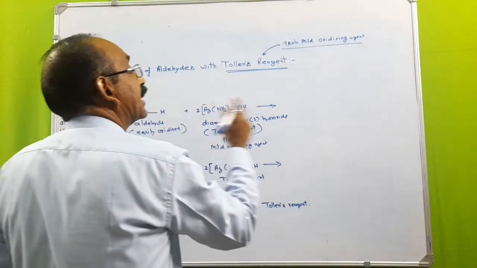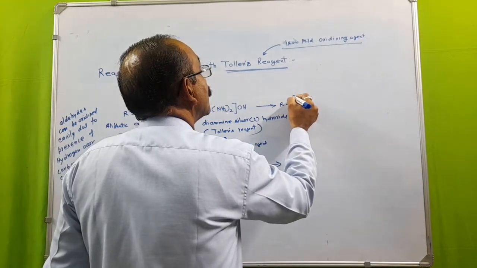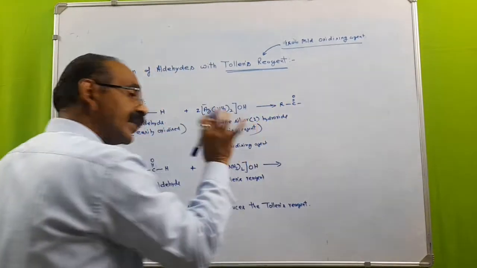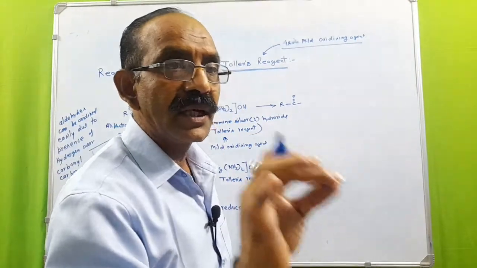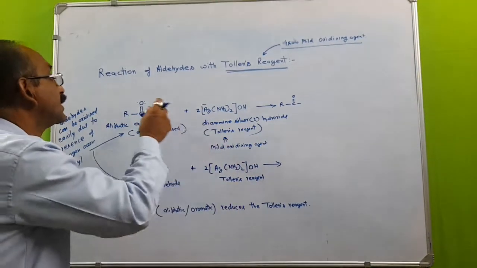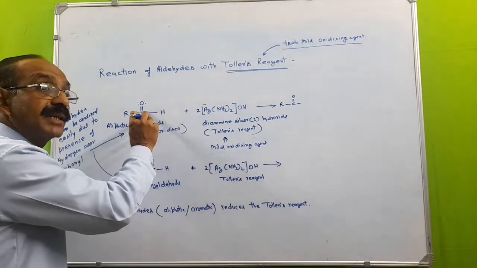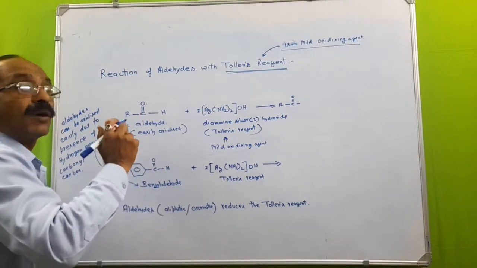As you know, during oxidation we add an oxygen in between the stressed carbon and hydrogen. This carbonyl carbon is a stressed carbon because it is bonded with the electronegative oxygen.